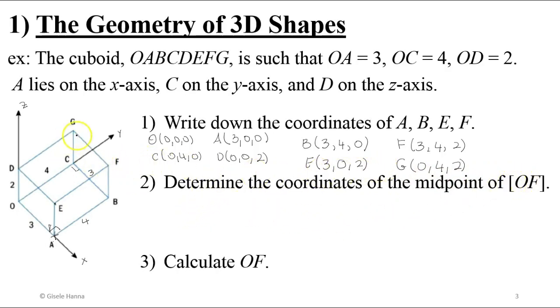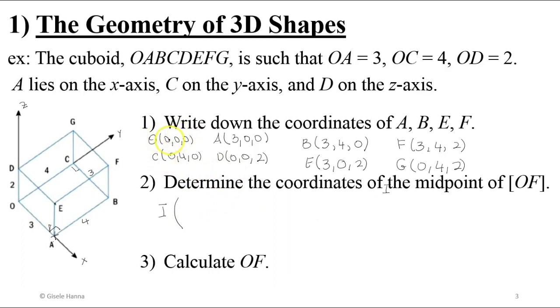Now we no longer need the figure because now we have all the coordinates of all the points on the figure, so we could just apply the midpoint formula. So the coordinates of the midpoint, I'm going to call it I, the midpoint of OF.